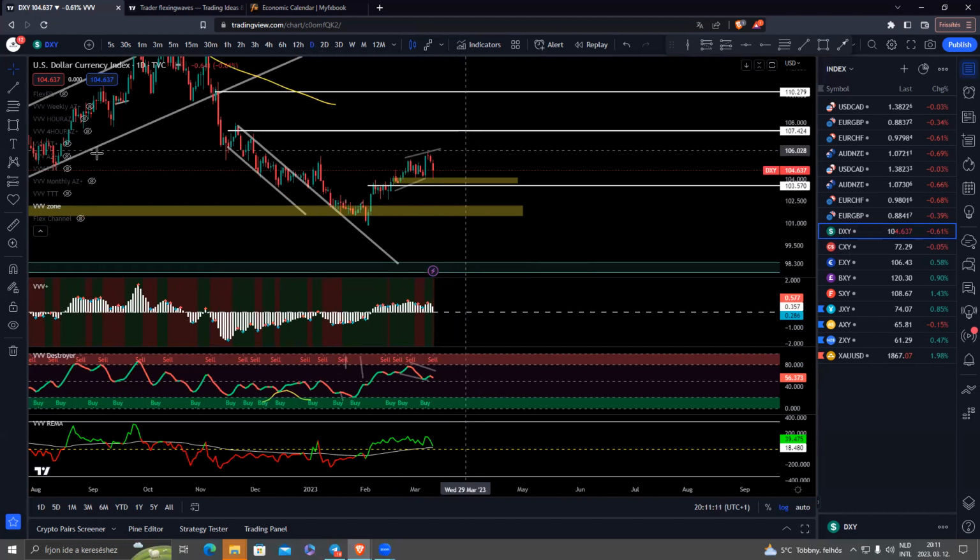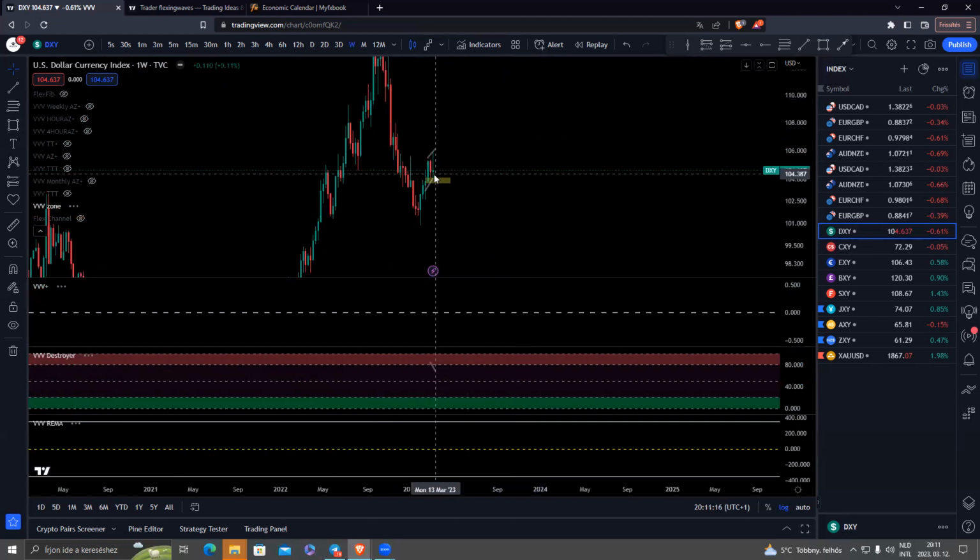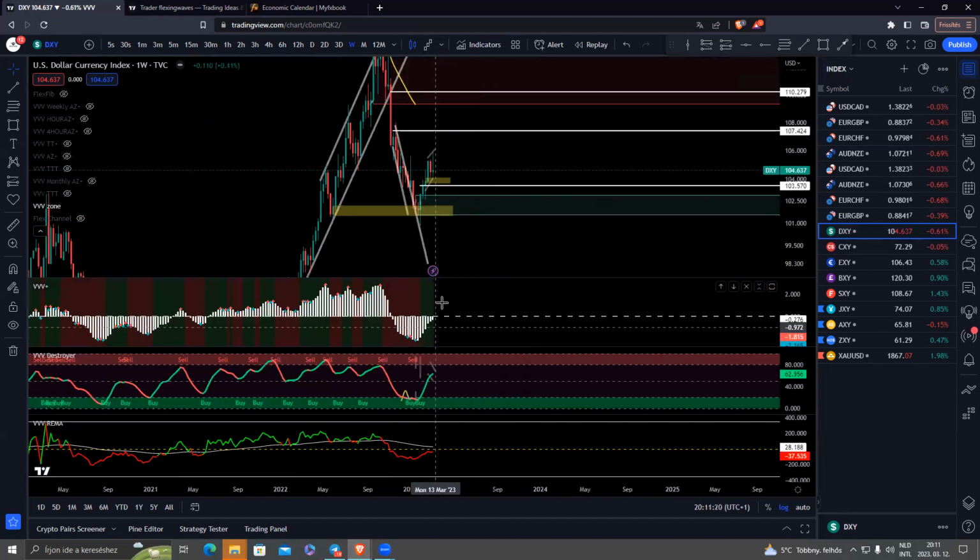Okay, on a weekly basis there was actually a bullish close, and there is still a green background on the DXY, and this still goes up. And that's another thing. If it goes up, this could be an easy divergence to the downside, but it's not for next week, in my opinion.